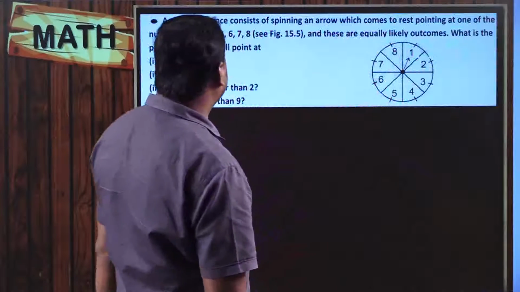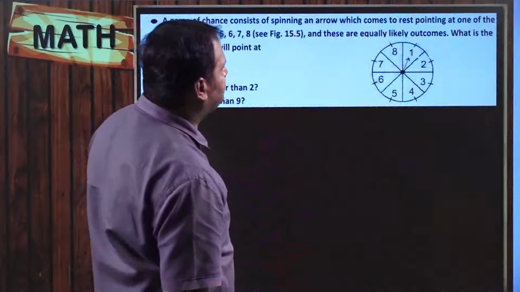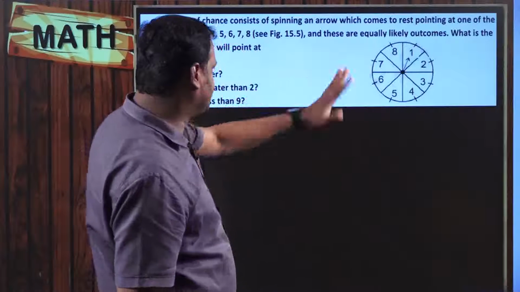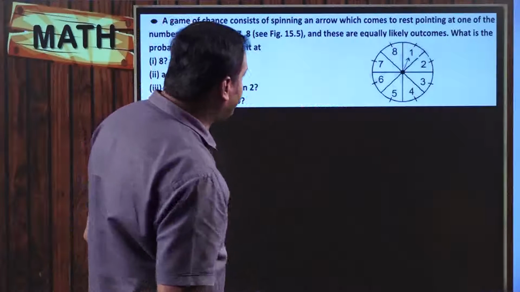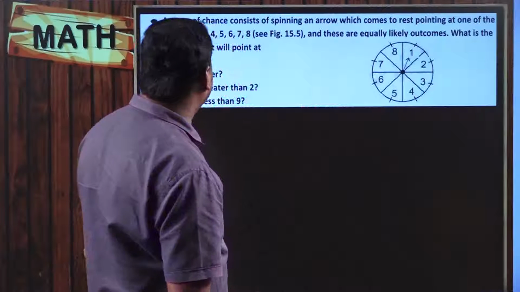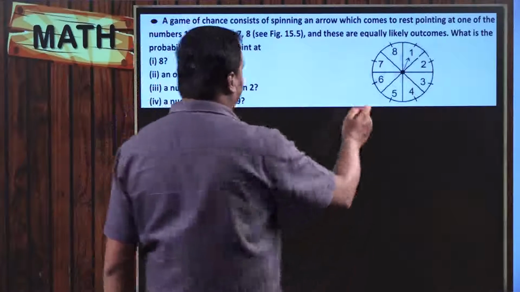A game of chance consists of spinning an arrow which comes to rest pointing at one of the numbers 1, 2, 3, 4, 5, 6, 7, 8 in the figure, and these are equally likely outcomes. What is the probability that it will point at 8? See how many numbers there are in total.